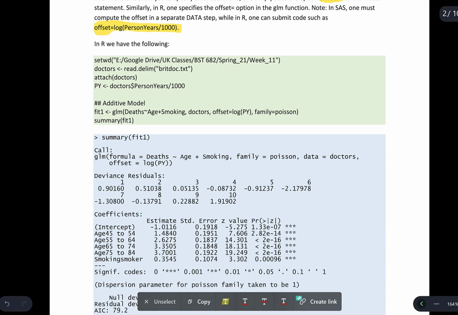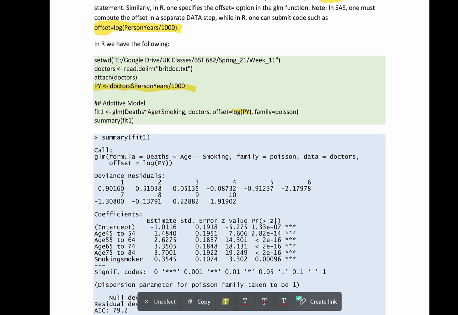All right, so notice what we're doing here is just some example R code. Here we're defining PY as the person years divided by 1,000, and then in the actual GLM we call offset equal to log(PY). Again, instead of defining PY separately, inside the log function I could have had doctors$person.years divided by 1,000.